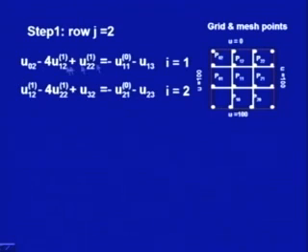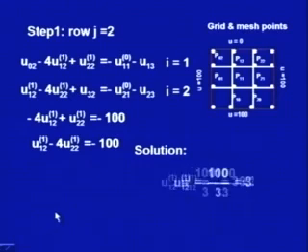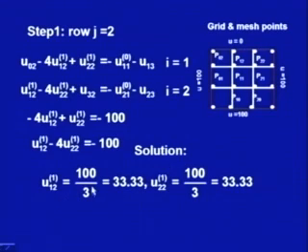So, the first equation is minus 4 u12 plus u22 is equal to minus 100, and the second is u12 minus 4 u22 is equal to minus 100. Again we have 2 equations and 2 unknowns, because we have only 2 internal points. Solving the system, we get u12 as 100 by 3 and u22 also as 100 by 3.